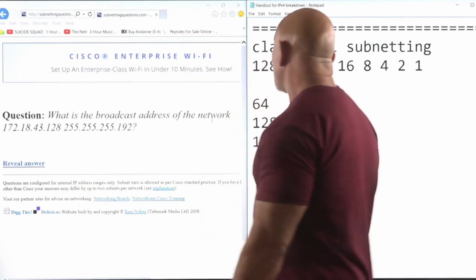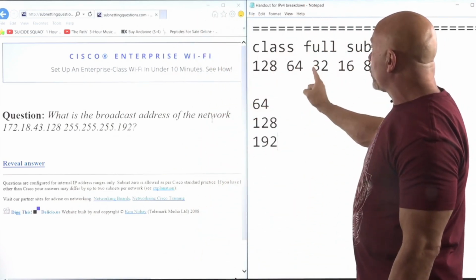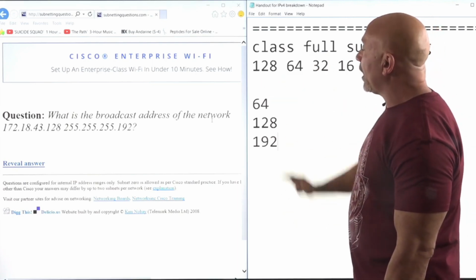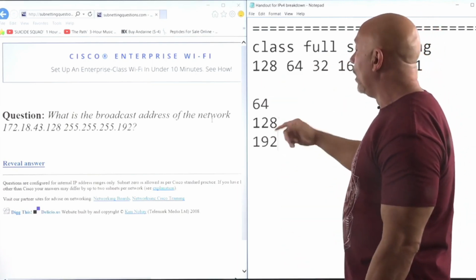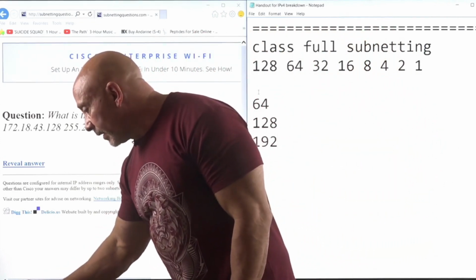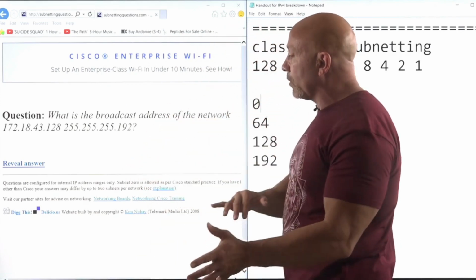Okay, so we're incrementing by 64 because our magical line is between 64 and 32. Now you notice that it started counting from 0. So we could put 0 up there. 0, 64, 128, 192.